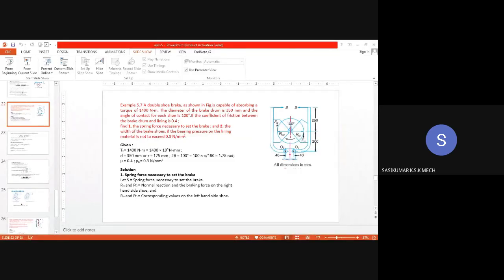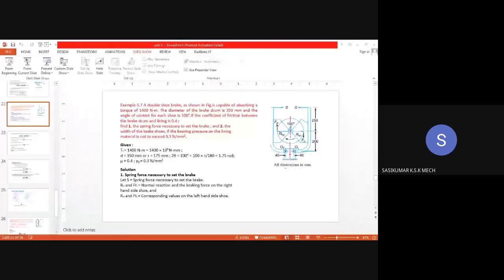If you reduce this angle, the frictional contact surface area will be reduced so that it will be transferring very low torque. So in order to increase the torque transmitting capacity, you may increase the angle of contact. And the coefficient of friction between the brake drum and the lining is 0.4.